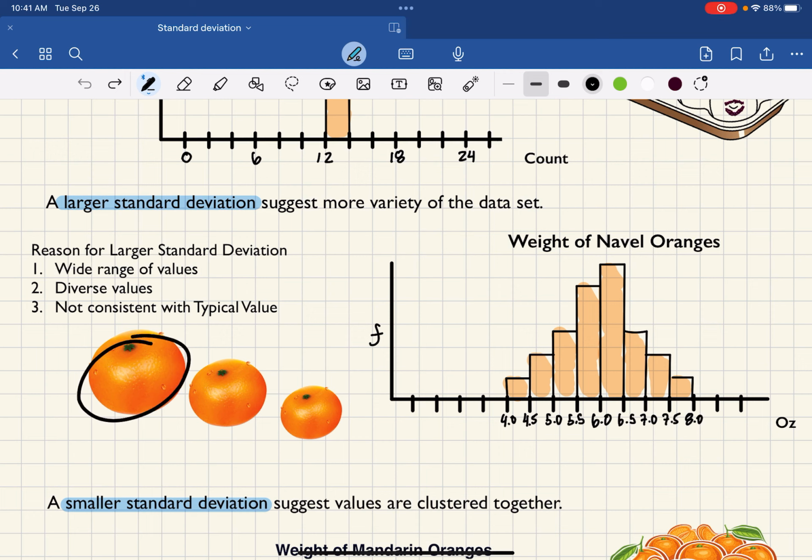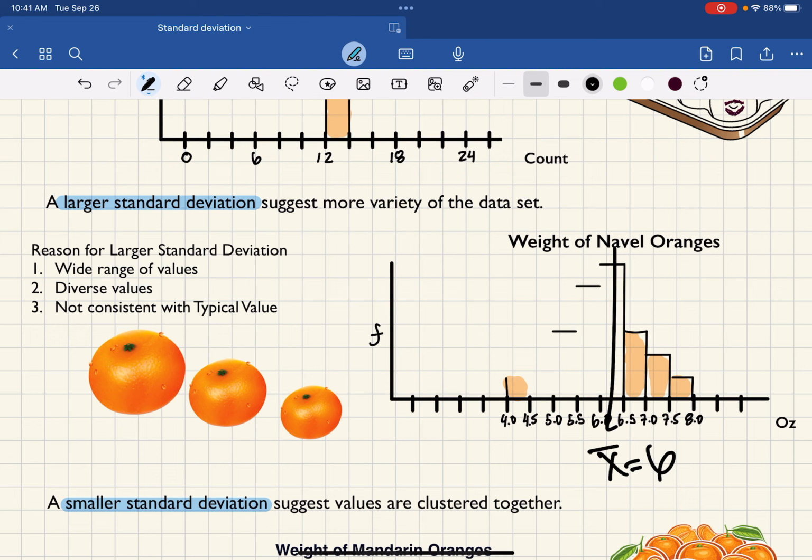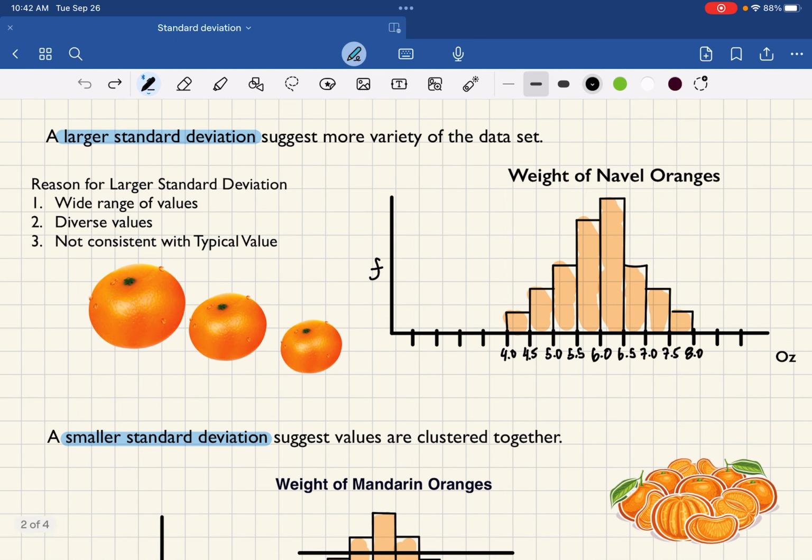So yes, this weighs a lot more than the smaller one. Diverse values. Again, the values are diverse based on the mean. If you have the mean, around here at 6, or the typical value, and if you have a variety of data points, then your standard deviation will be much bigger. It's a measure of dispersion. And the values are not consistent to the typical value.